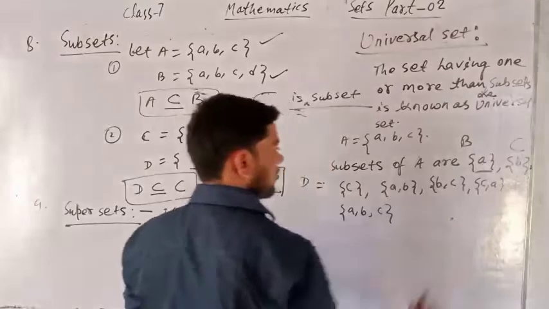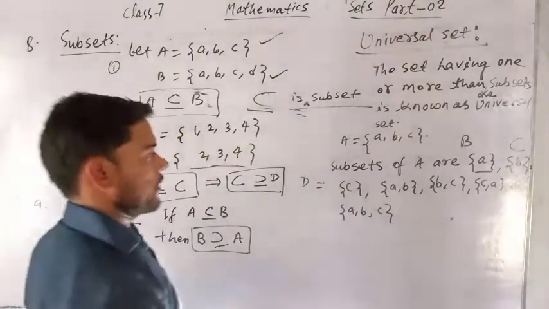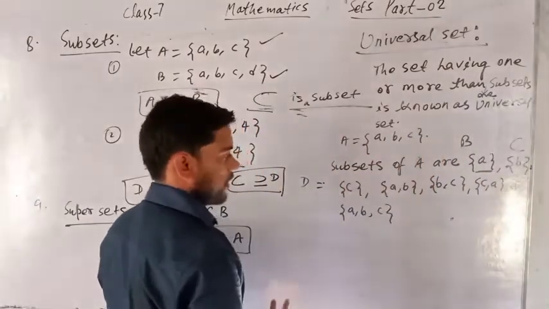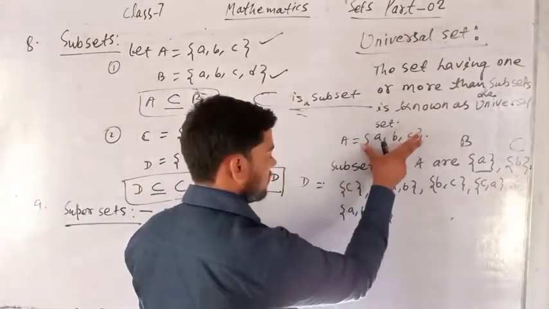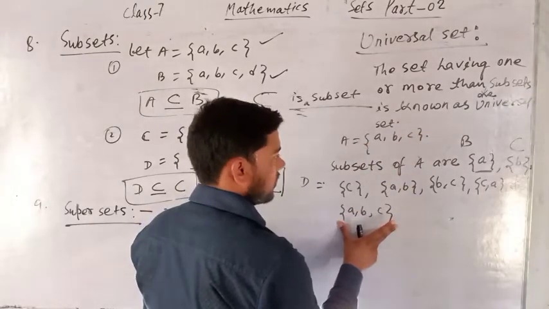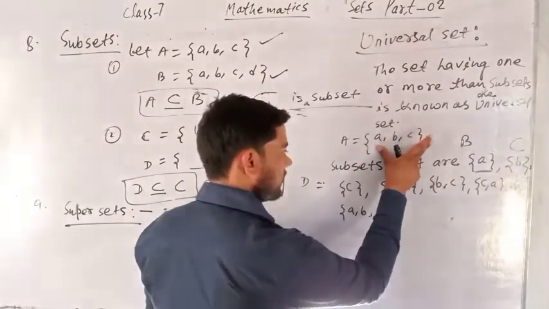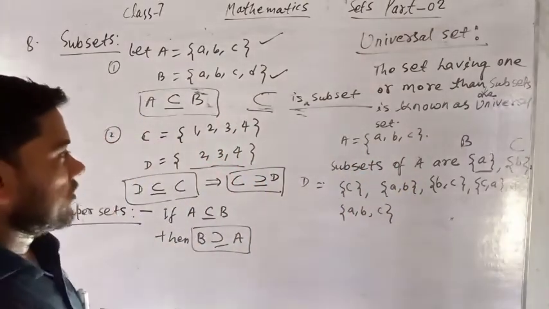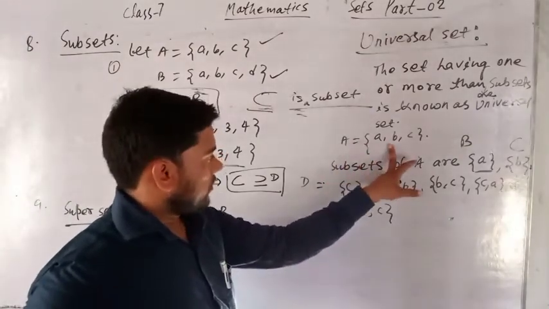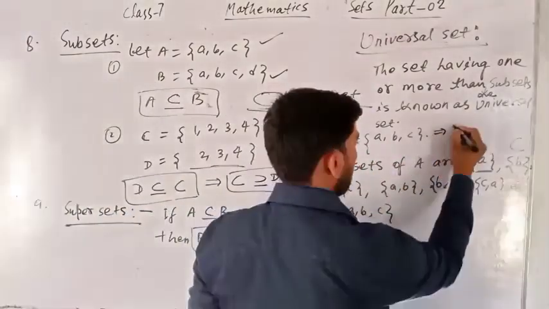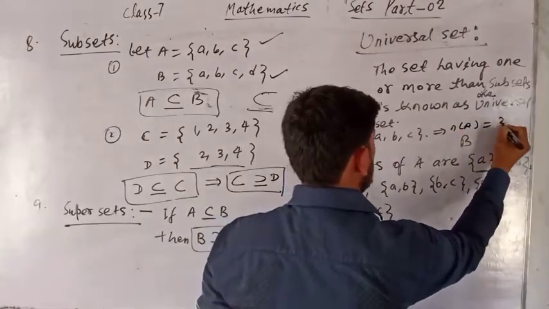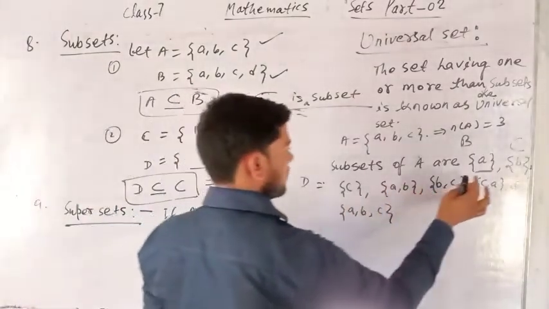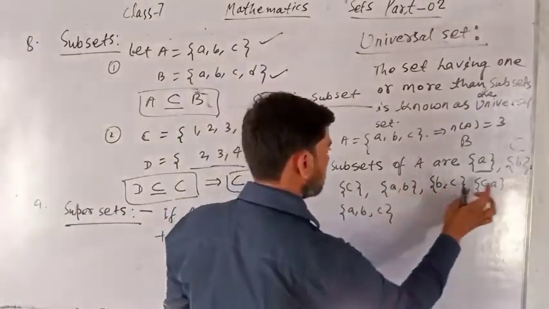Phi is an empty set. Empty set is denoted by phi. So phi is the subset of every set, and every set is the subset of itself. Here the cardinal number of A is equal to 3, and the number of subsets is 1, 2, 3, 4, 5, 6, 7, 8.